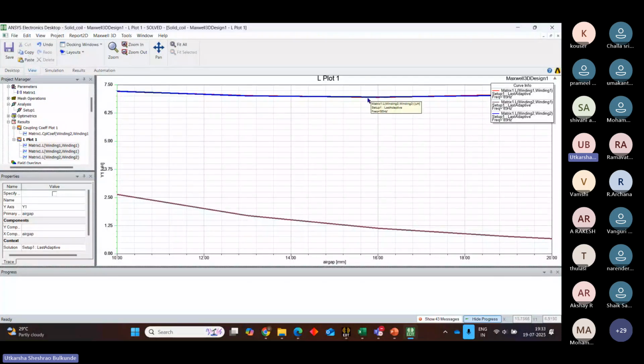Your self inductance does not vary much with air gap. It's not like it will not vary at all. It is varying, but not much. And this is your mutual inductance. It is varying in the same fashion as your coupling coefficient, because it is related, right? I told you this.